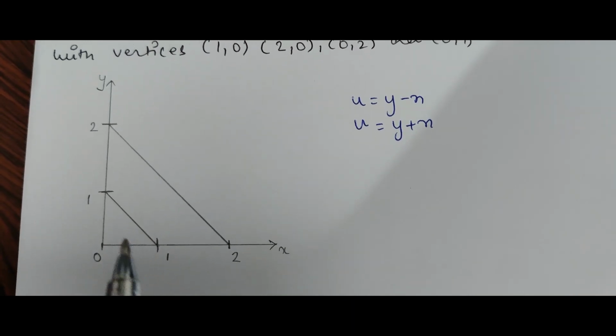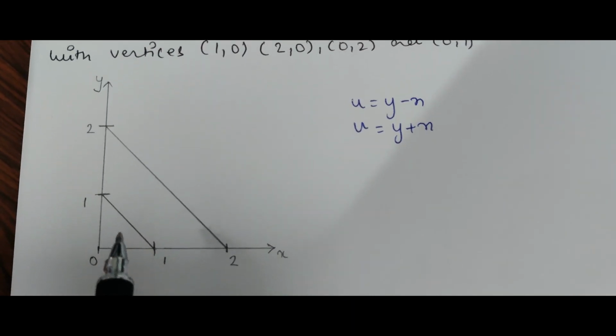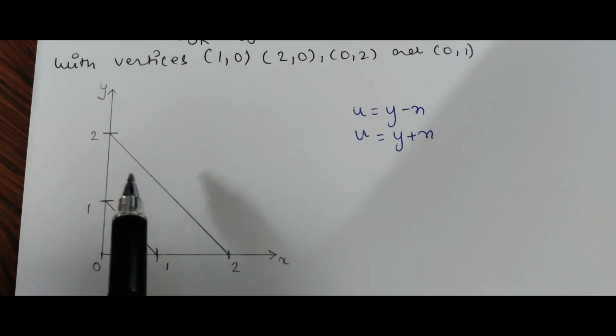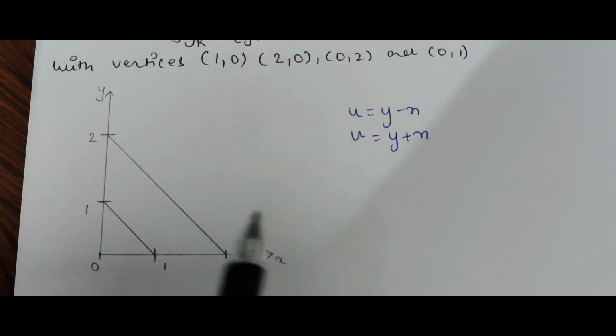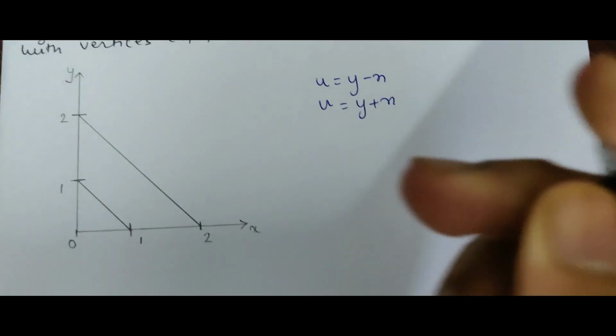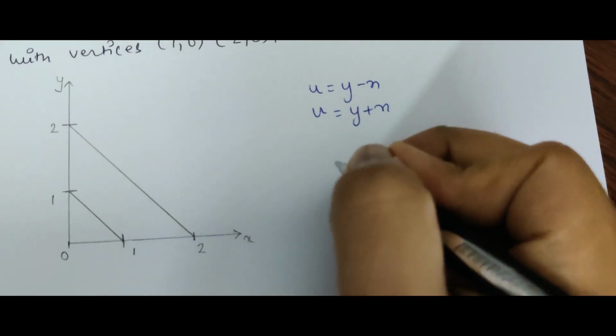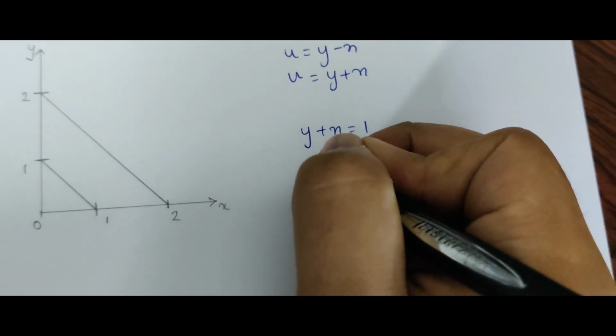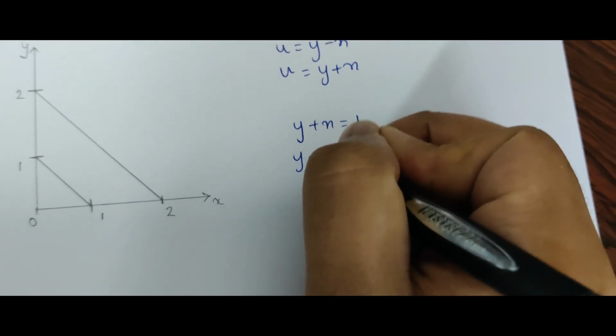So one equation of a line is y equals minus x plus 1 and the other one is y equals minus x plus 2, which can be rearranged as y plus x equals 1 and y plus x equals 2.